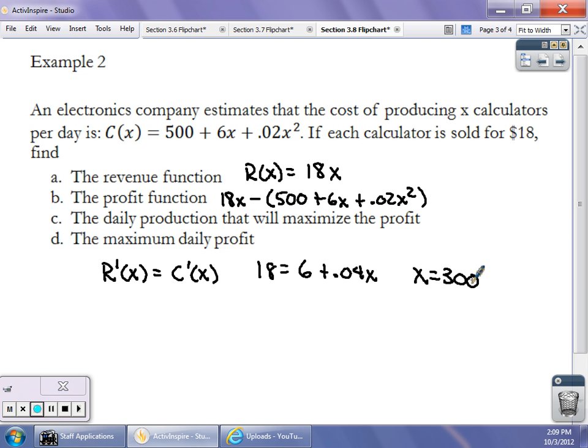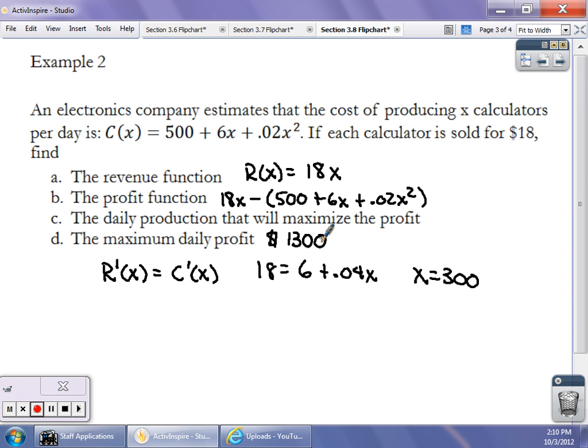And then for the maximum daily profit, I take that 300 and put it back into the profit function. So I'm going to get 18 times 300, and I end up with about $1,300. So this part right here is $1,300.